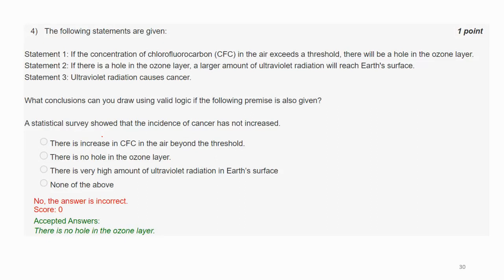If not B, then not A. But I'm saying the answer is given: there is no hole in the ozone layer. Why is that given?